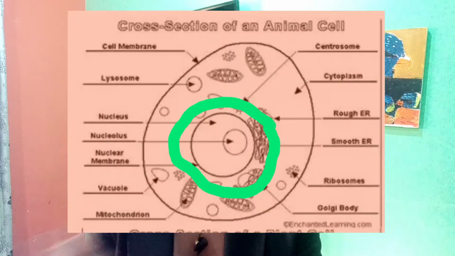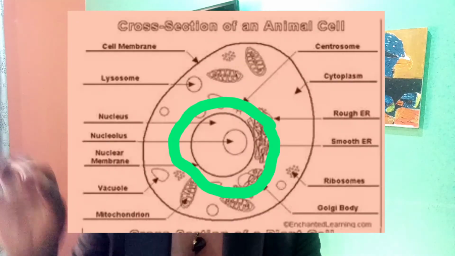Now, one of the major similarities between the animal and plant cell is the presence of the nuclei. That structure is important to us today. That's why I've drawn your attention to that. So when you draw the animal cell and the plant cell, that big circle in the middle of the animal cell, that's the nuclei, and then in the plant cell, the nuclei is usually smaller while the vacuole is bigger.